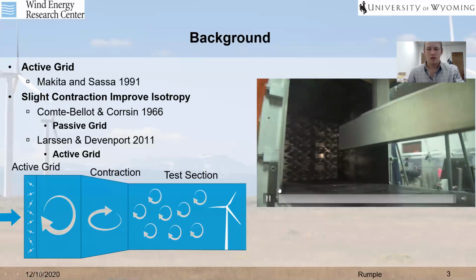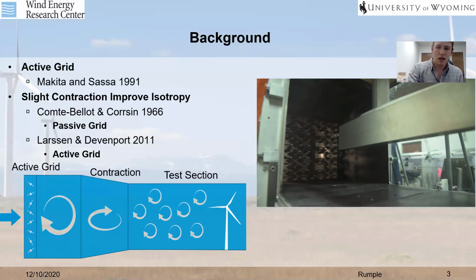Also notice in this video that the active grid is not placed at the beginning of the test section, but actually just forward of a contraction. And the reasoning for this is a slight contraction improves isotropy and essentially conditions the flow. That was first demonstrated by Comte-Bellot and Corrsin in 1966 for a passive grid.